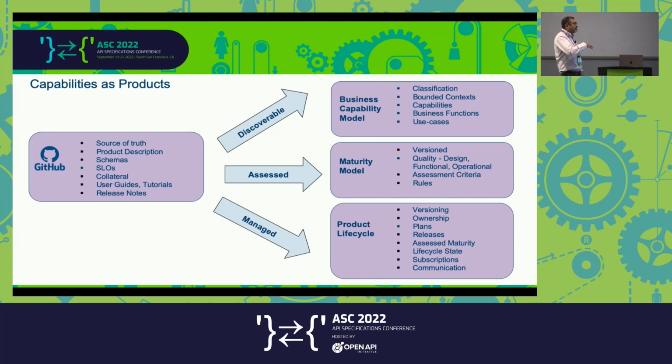Once you apply the maturity model, which is a set of very objective criteria that can assess the design quality, that is the interface quality, the functional quality, that means the implementation quality, what is the code coverage, how well we have implemented those abstract APIs. And then the third one is the operational quality, right?